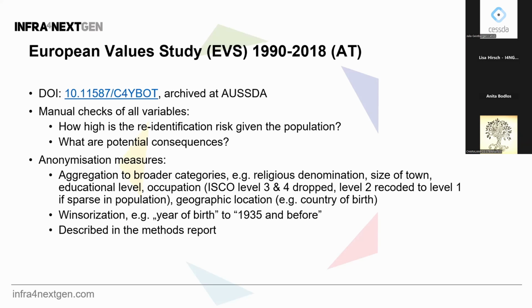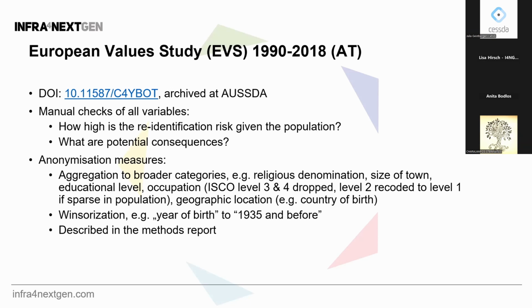Here you find a link to the European Values Study, data from Austria from 1990 to 2018, and this data set is archived at AUSSDA. How was the anonymization process in this case? The staff, both at the project and at the repository, checked all variables manually, keeping two questions in mind: how high is the identification risk given the population, and what are the potential consequences or the potential harm?